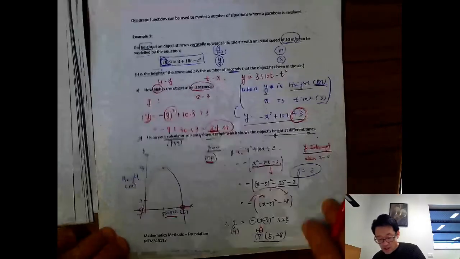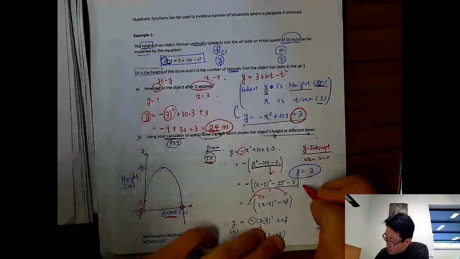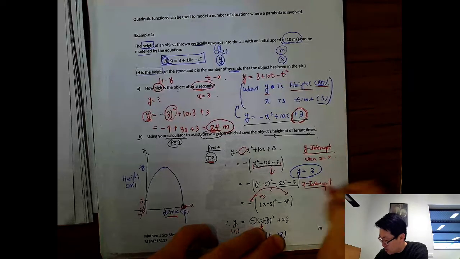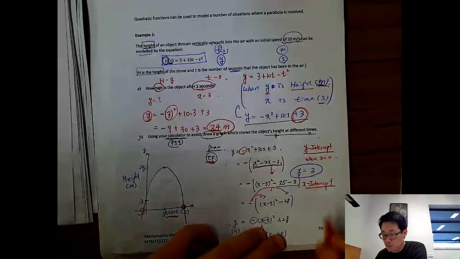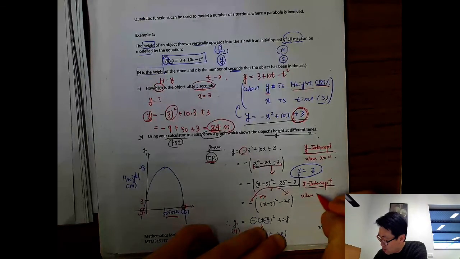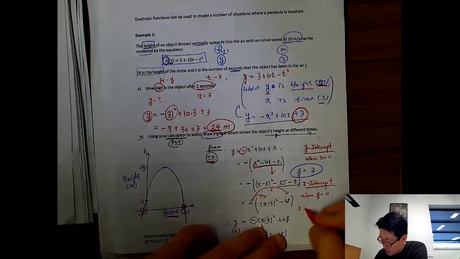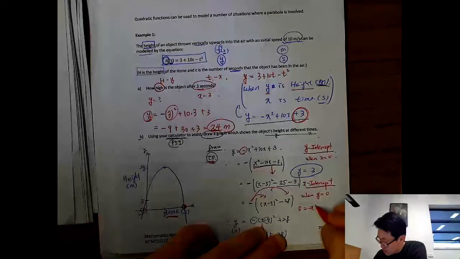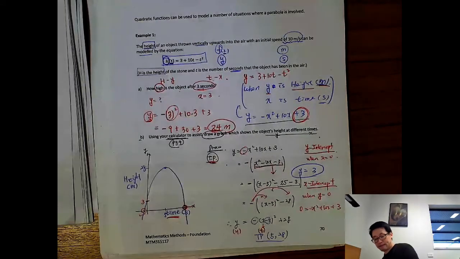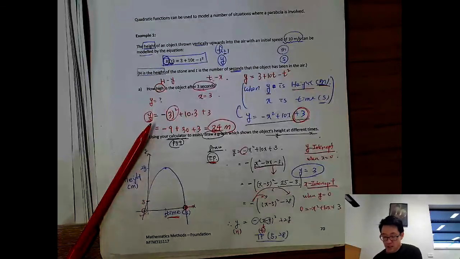Okay, and how did you get that? X-intercept. Make sure we're only getting positive ones. When y is 0, so 0 equals minus x squared plus 10x plus 3. How can we do that?